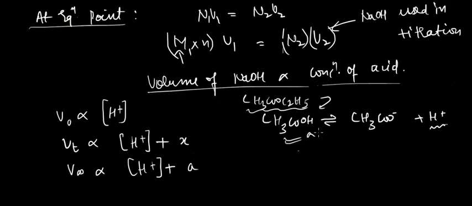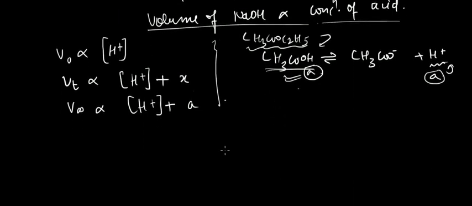As a result, if A is the concentration of CH3COOH present, then the same concentration of H plus would also be there, because it dissociates into CH3COO minus plus H plus. So this would be the case for the volume of NaOH reacting at various stages of the reaction mixture.